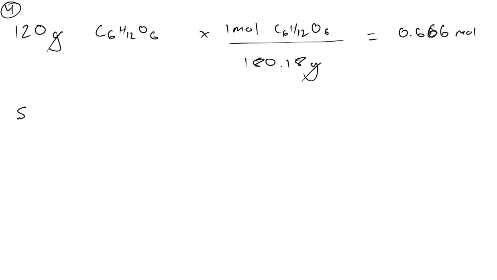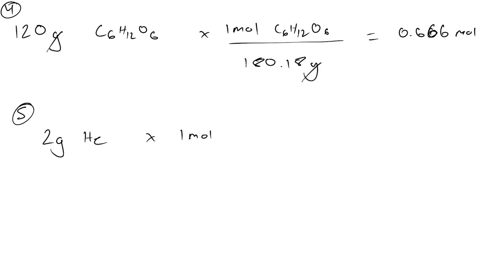Let's try one last example. Once again, pause the video first, but if you have 2 grams of helium, how many moles do you have? Well, the molar mass of helium is simply 4.00 grams per mole. So we're going to put the moles on the top.